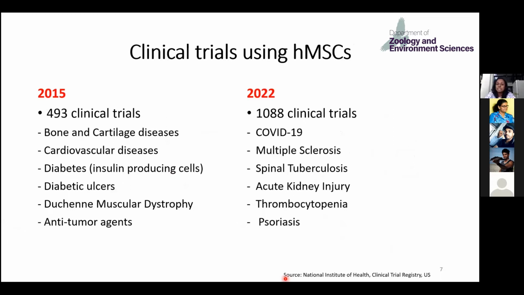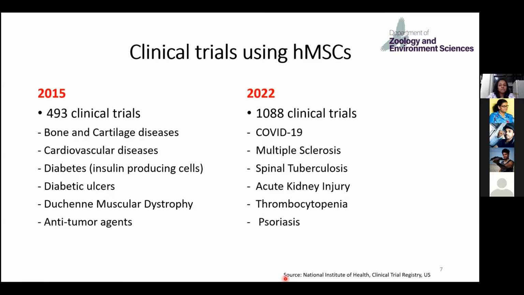So about the clinical trials using mesenchymal stem cells, in our review, when we were writing it in 2015, we mentioned there were 493 clinical trials using mesenchymal stem cells, in which bone and cartilage diseases were a priority.